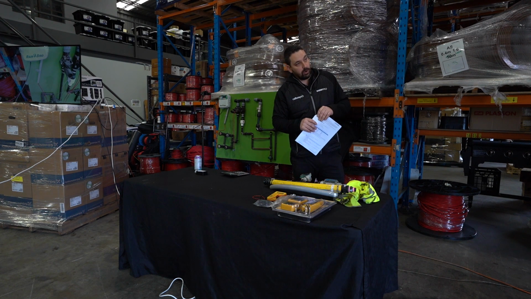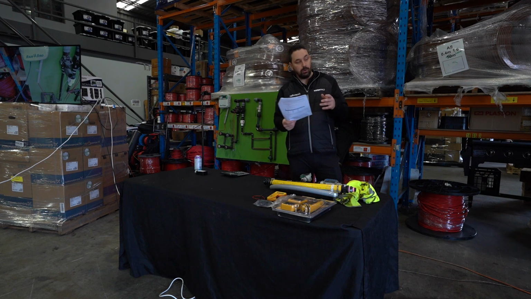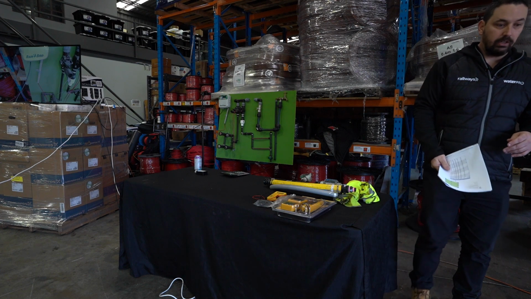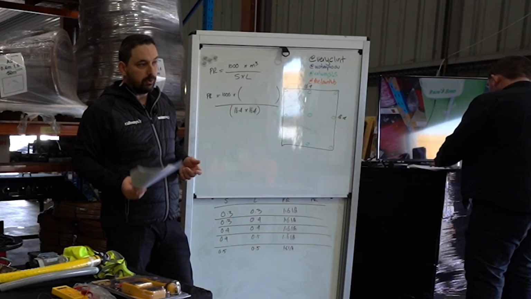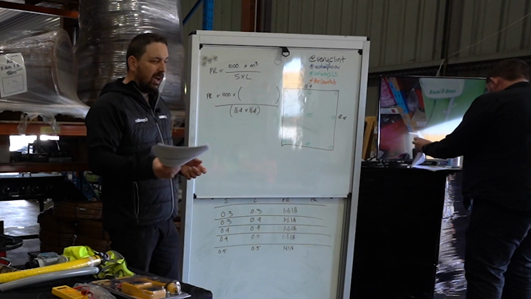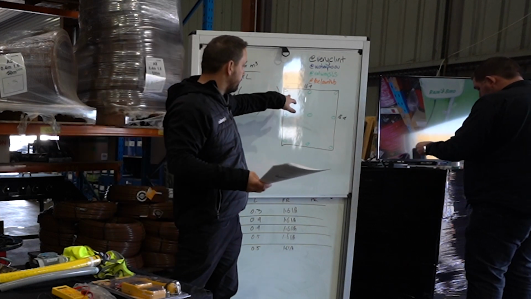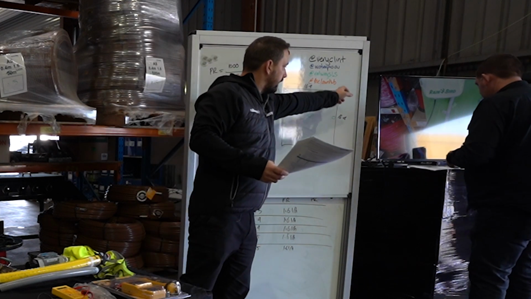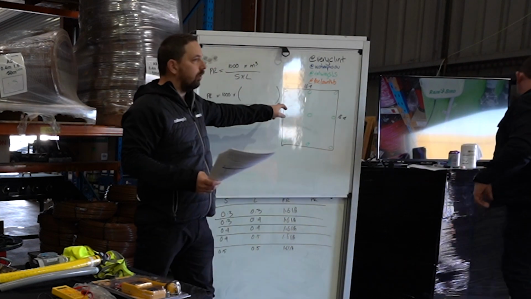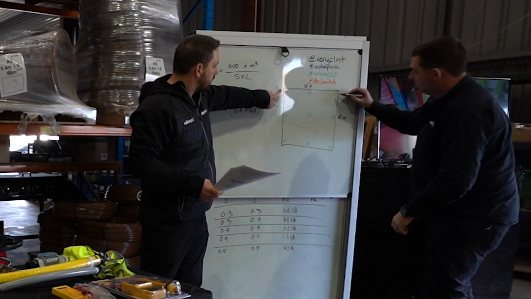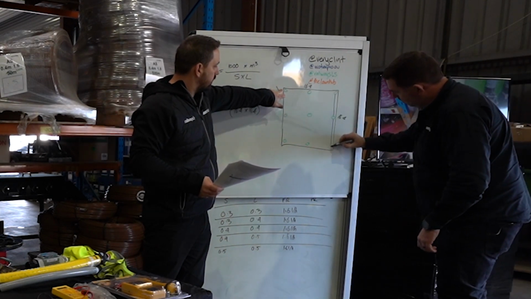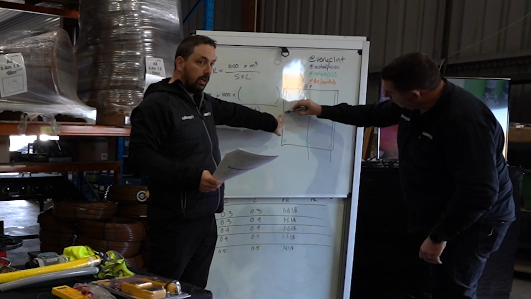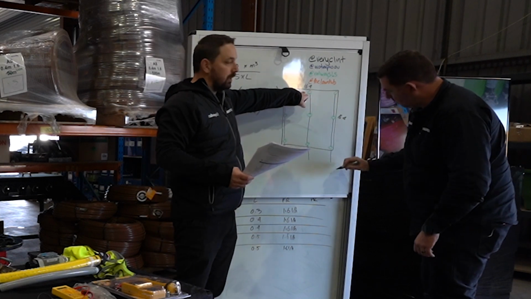As an example, you'll see this on some of the soccer fields, and I'll use Brahma Lodge Oval as an indicator, or any soccer field. If this was a station running down here, and that was a station, and that was a station, what we see a lot of the time is the nozzle that's in this sprinkler is the same that's in this sprinkler, and the nozzle in the full circle is the same as the half circle.